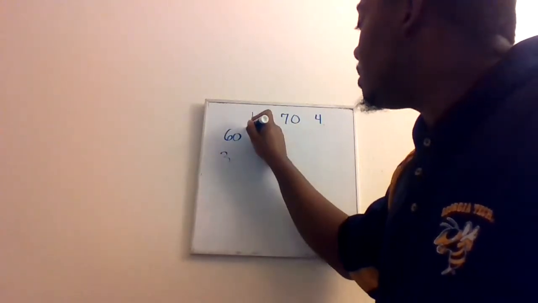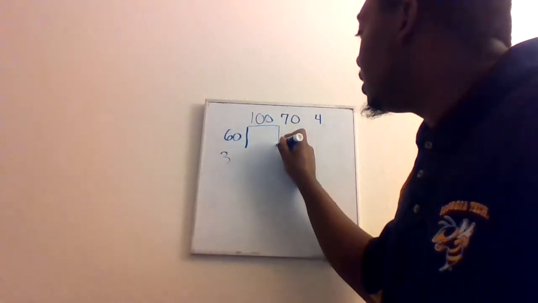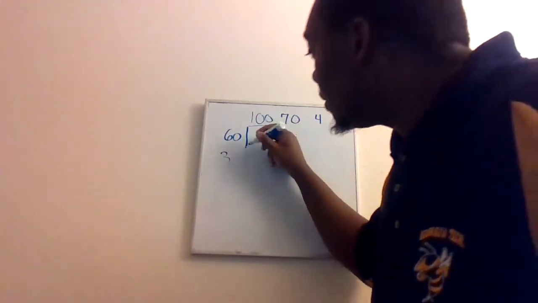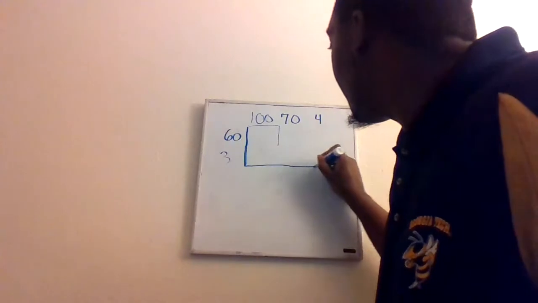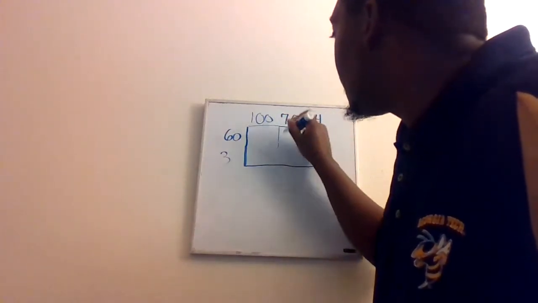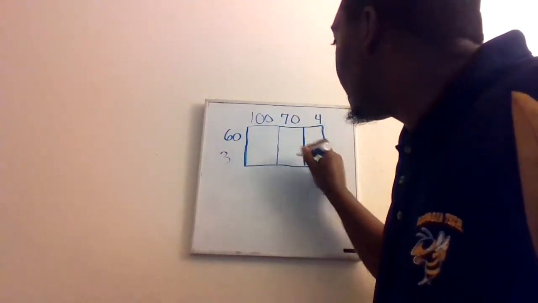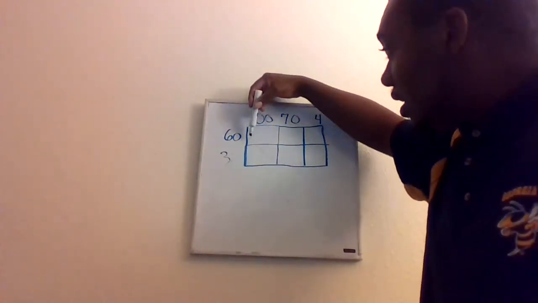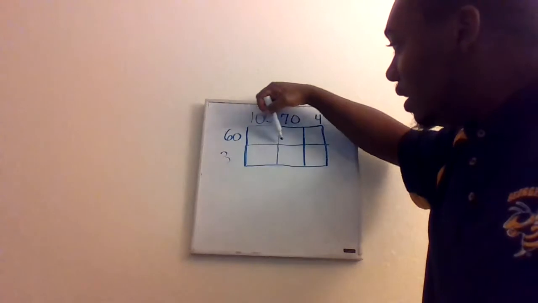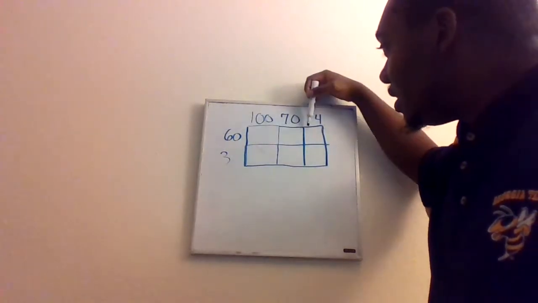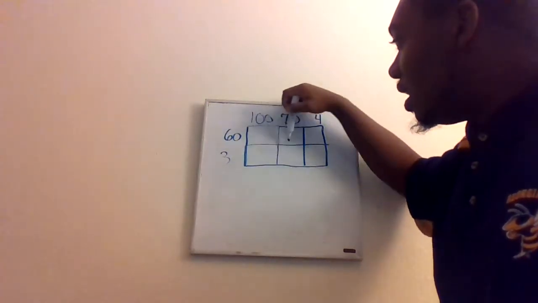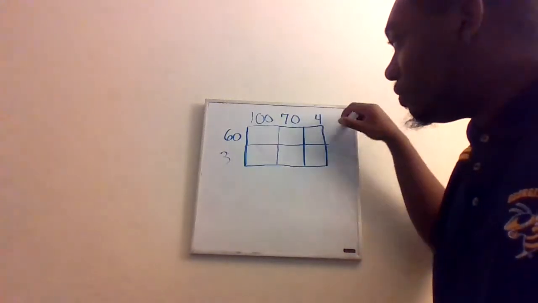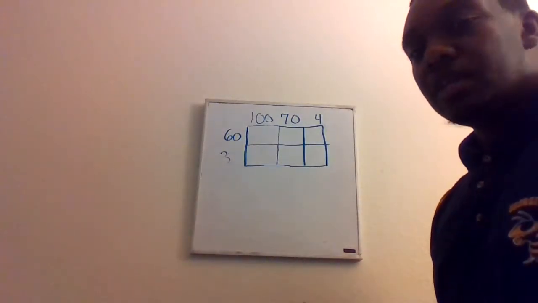And so what I'm going to do is make rectangles which have our lengths of the 100 and with the 60, with the 3, and 100, 70 and 60, 4 and 60, 70 and 3, and 4 and 3, as you can see here.